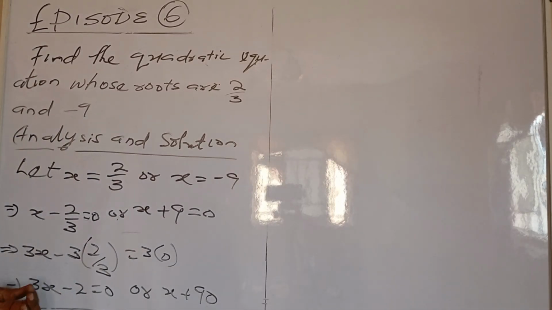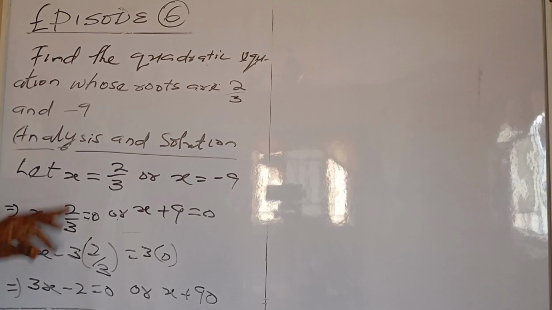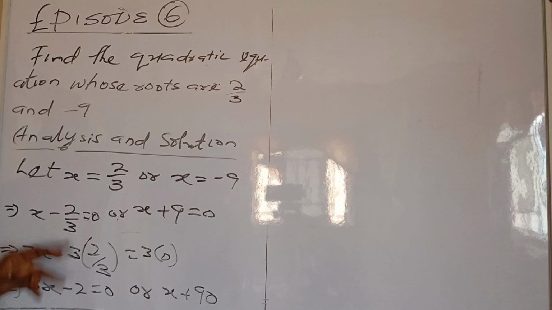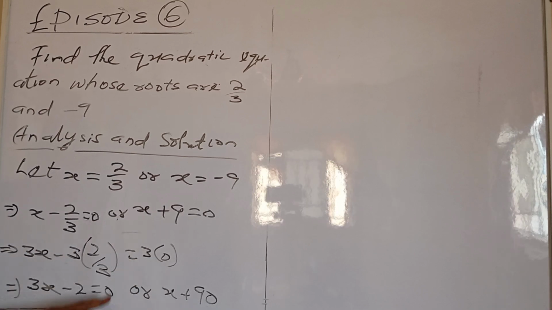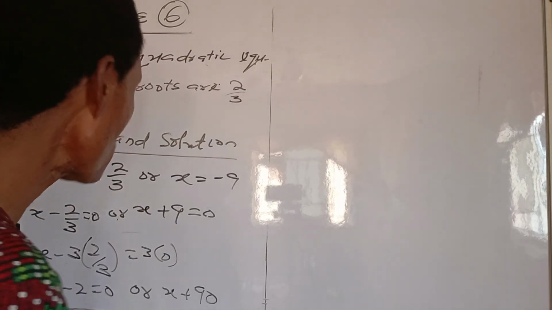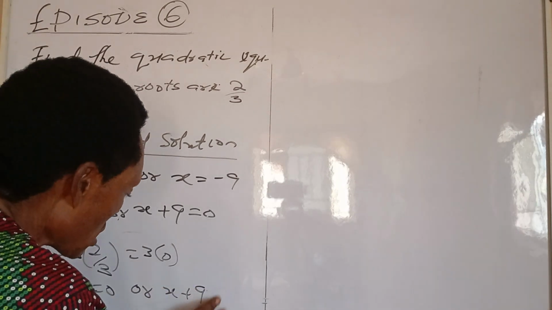See what I did: I just used 3 to multiply through on this side. 3 times x gives you 3x, minus 3 times 2 over 3, where the 3s cancel themselves and leave 2, equals 3 times 0, which is 0.